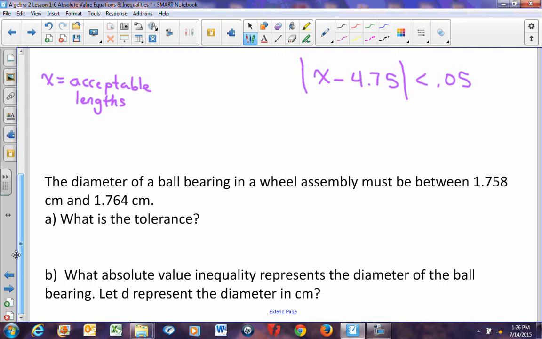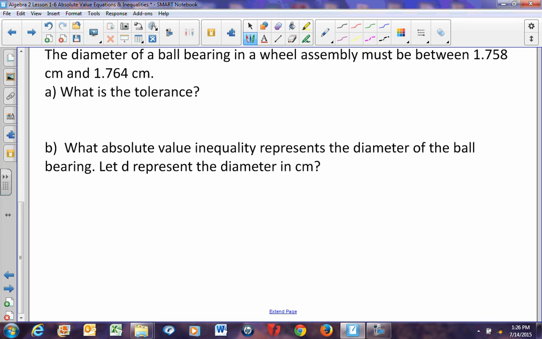This one's going to step you through a little bit more. The diameter of a ball bearing in a kilocentery must be between 1.758 centimeters and 1.764 centimeters. What's the tolerance? Well, to find the tolerance, the first thing you need to do is take the maximum and minimum and subtract them.